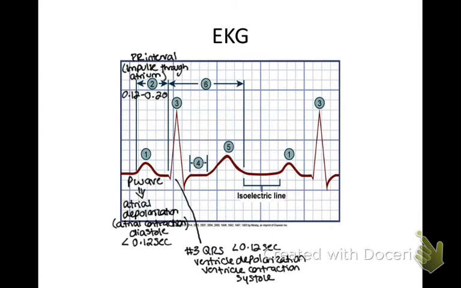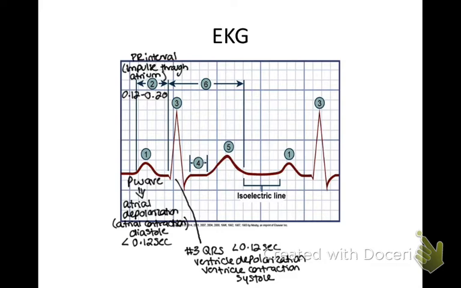So the ventricle is much longer, or much bigger, I should say. So when it depolarizes, unlike the atrium where it's got a little blip, when the ventricle depolarizes, it's like, I am the man. It takes a big old jump. So the QRS, which is also less than 0.12, is the ventricle depolarization.